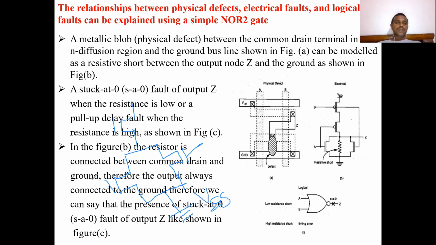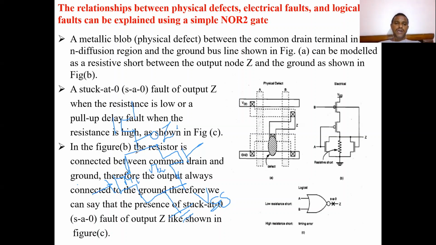This one is the input of this NMOS transistor, and this one is the other input for the other NMOS transistor. The drains of M1 and M2 are connected and shorted, and at this point we take the output. Here Z is the output. So the common drain is present for both the NMOS transistors M1 and M2. Now, what is our problem here?